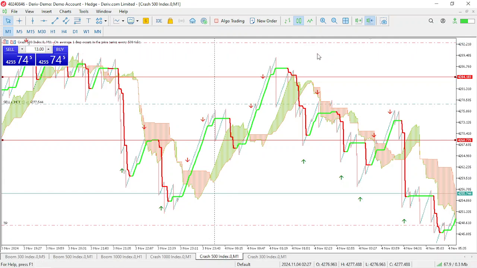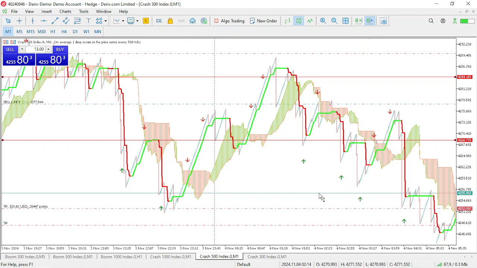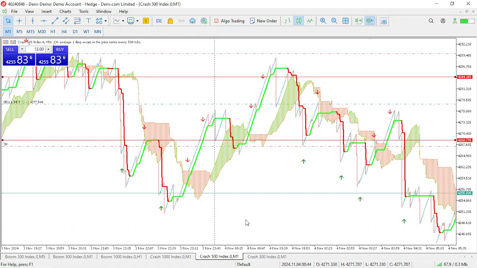Cool. So if you used a 13 lot size, right? Essentially on this trade, it gave you a sell, then it went all the way up. Then it gave you another sell. So it went all the way up till there, it was $160.